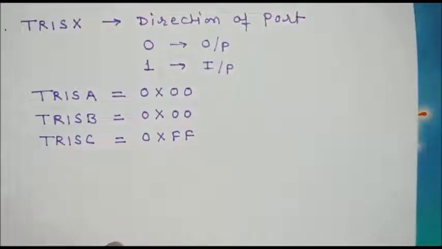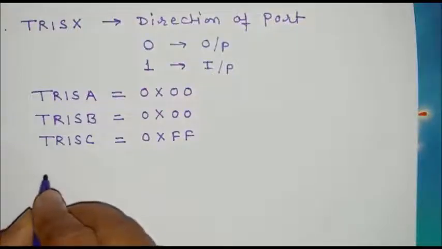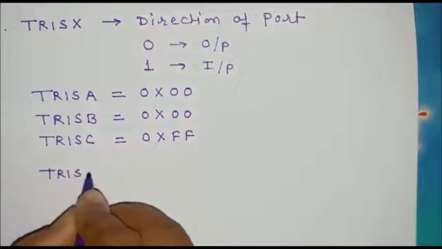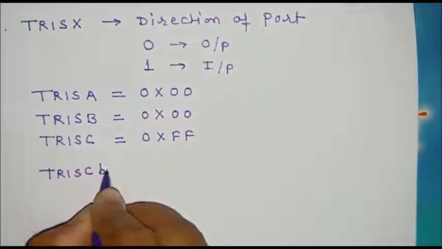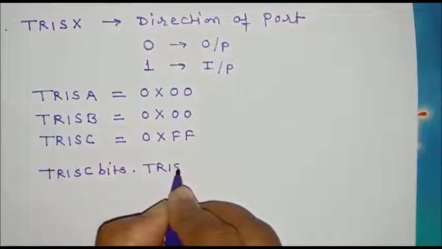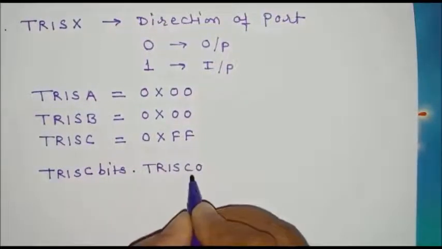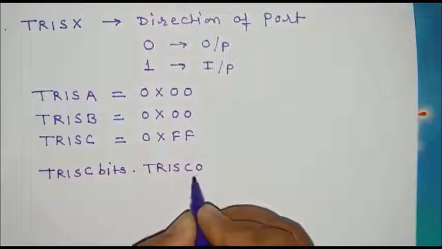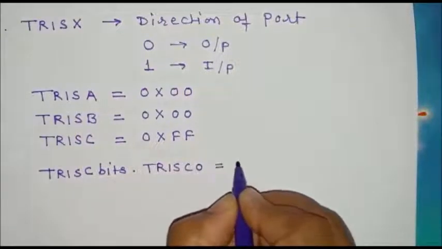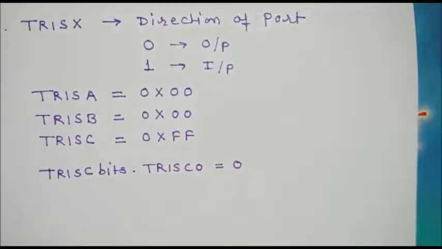If you want to initialize a direction or decide the direction for only one port terminal, then we can use instruction like this: TRISCbits.TRISC0, and suppose this 0th port terminal of this port C I want to use as the output, then I'll write here 0.